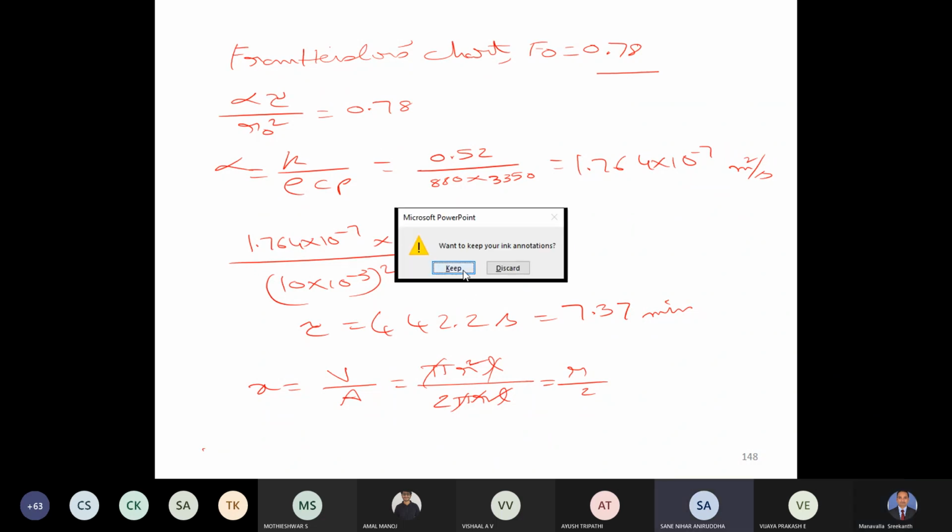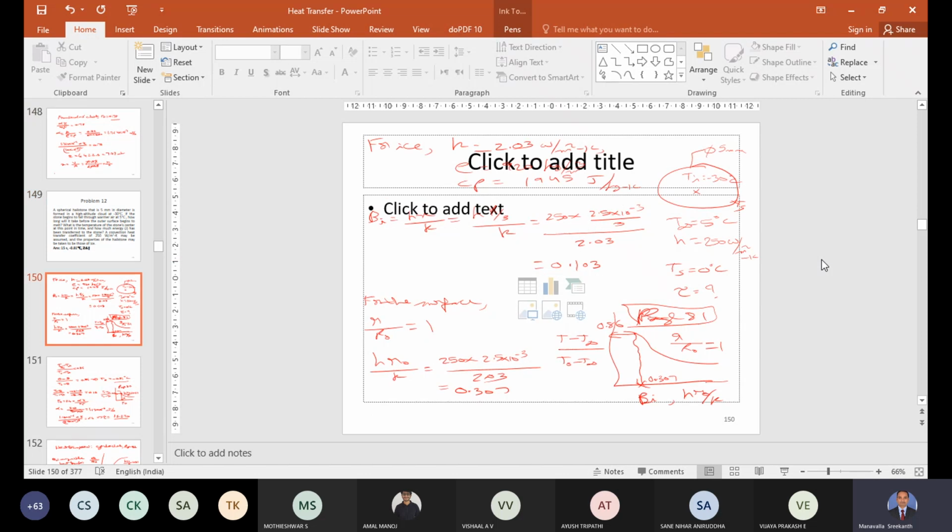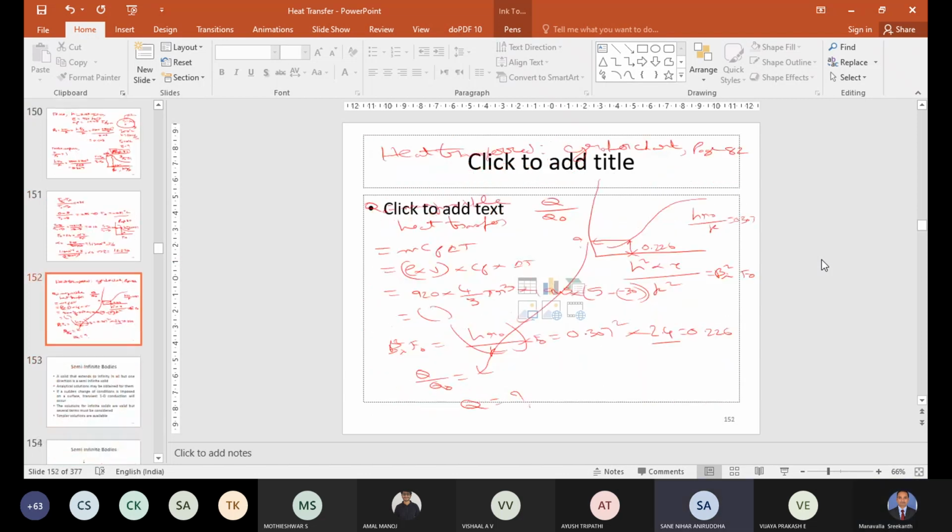Sir, the Biot numbers on the chart are 0.2 and 0.5. We don't have 0.307 or 0.3. No, you will have to interpolate. That's all. There's no other way. We don't have any curve for 0.307.